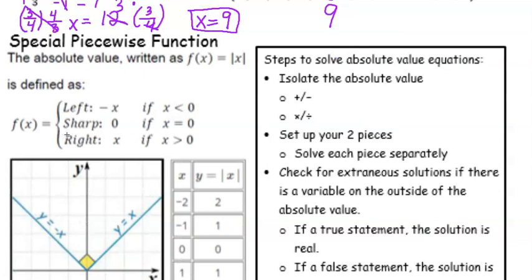So we have a special piecewise function. The absolute value, written as f of x equals the absolute value of x, is defined as f of x equals negative x when x is less than 0, a sharp point, the vertex, if x equals 0, and x when x is greater than 0.